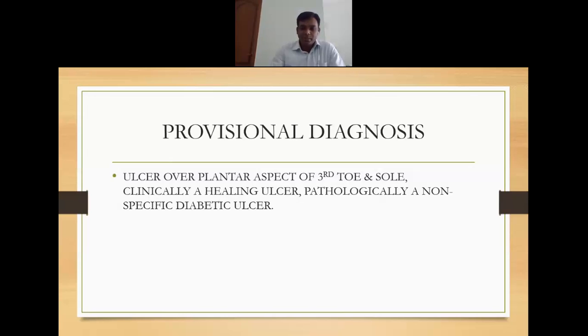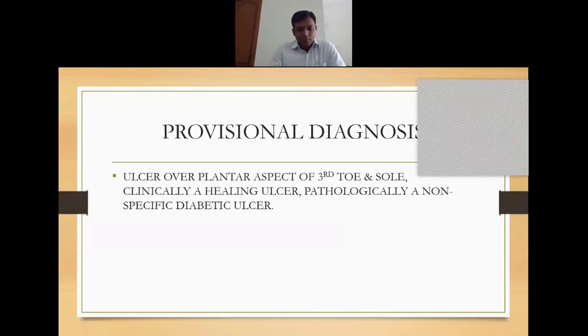So there will be deformity, loss of sensation, and microangiopathy leading to either ulcer or non-healing nature of some other ulcer. If all these changes are there together, then you call it a diabetic foot, and that particular ulcer a diabetic foot ulcer, meaning an ulcer in a diabetic foot.